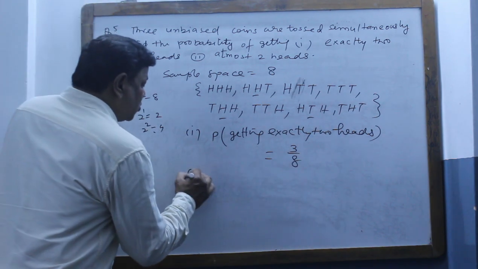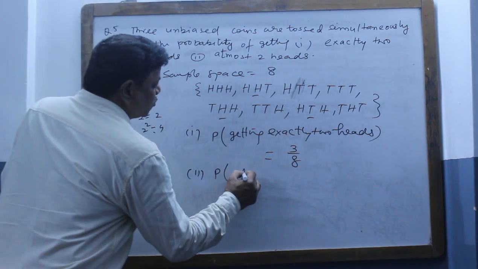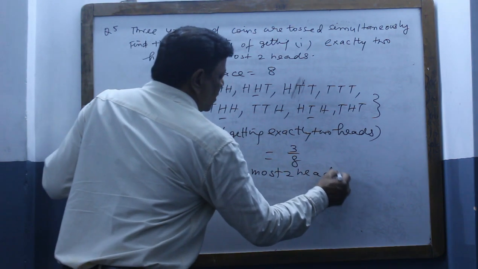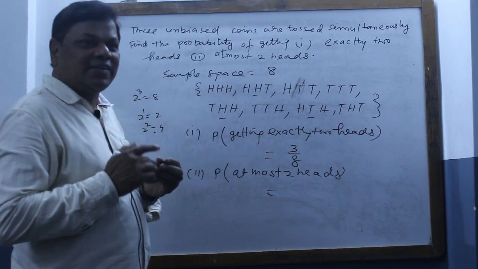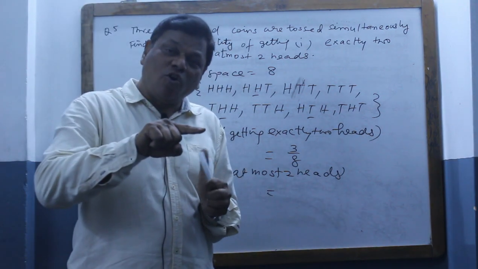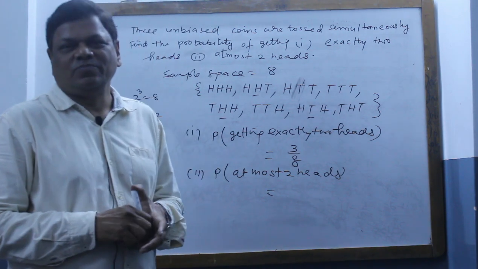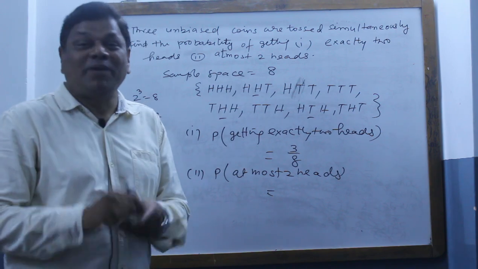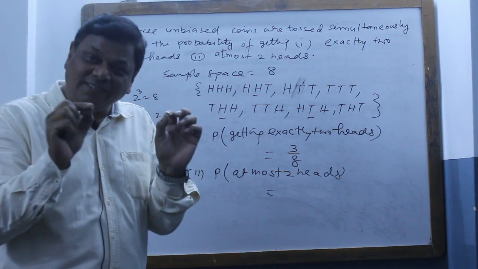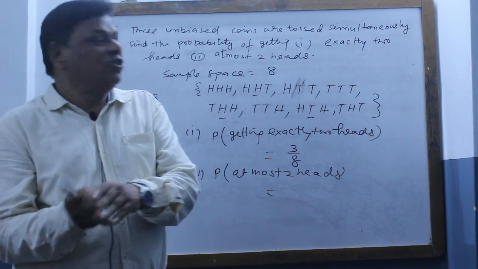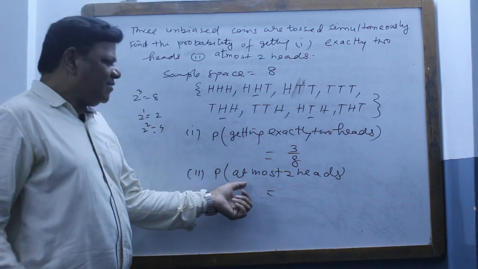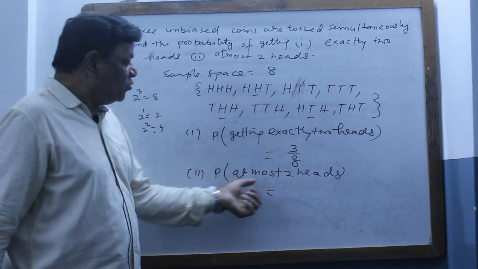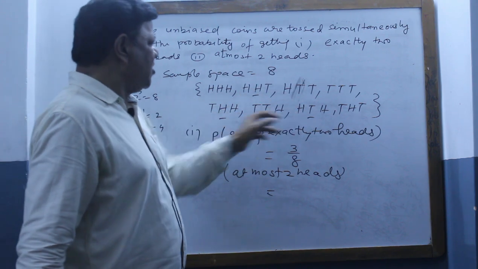Now number 2 question. What is given? At most 2 heads. At most 2 means what? 2 heads may come or less than 2. That is, 1 also can come and 0 also can come, but not 3. At most 2 means 2 or less than 2. Greater than 2, that is 3, will not come. So at most 2 heads, these 3 I consider.